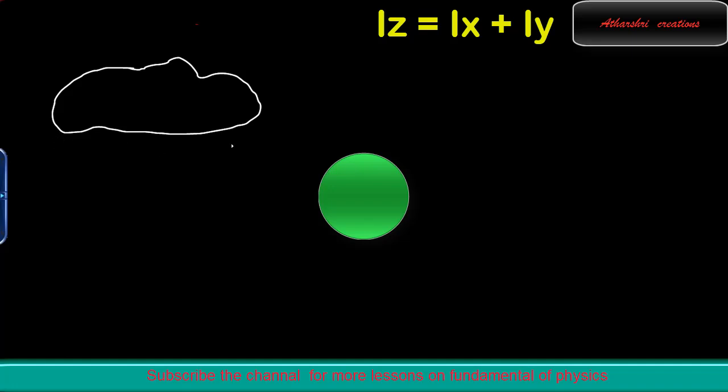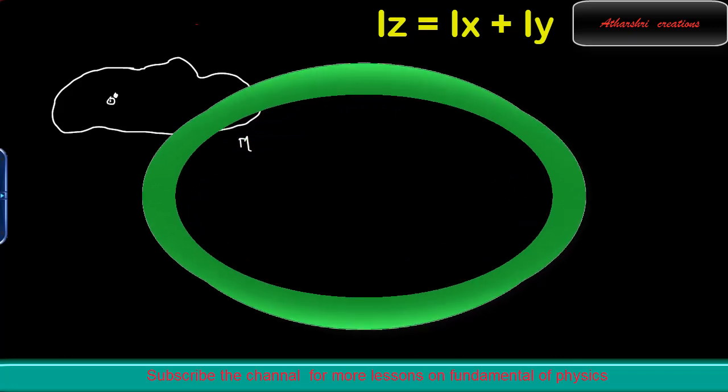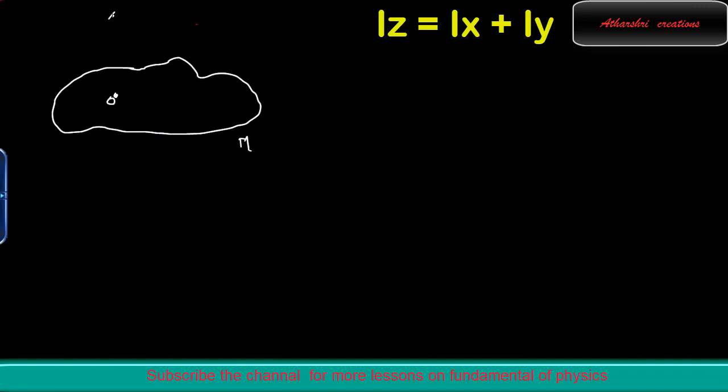Now let us consider this body of mass capital M, which is a plane laminar body. Let us consider a point O through which a z axis is perpendicular to this plane. This is the z axis. The remaining two axes, the x axis and the y axis, are in the plane of the body.